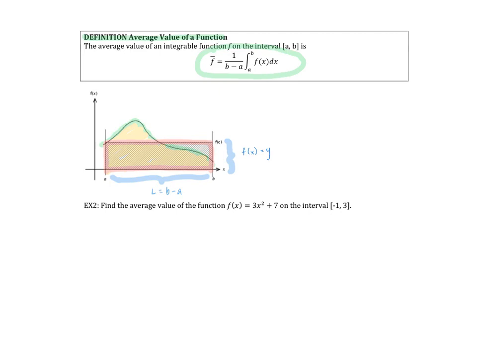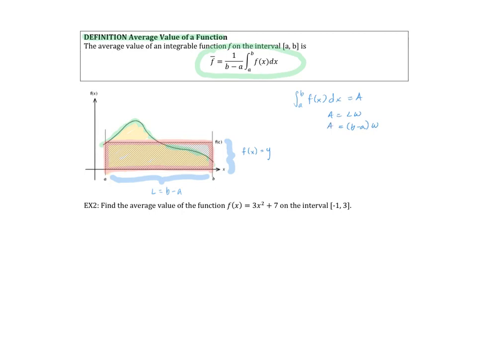The idea behind this is that, remember that our integral from a to b of f of x dx, that's going to give us some area between the curve and the x-axis. And as we've seen by this rectangle, that area can be written as a rectangle, length times width, where the length is simply b minus a, and the width is that y value.